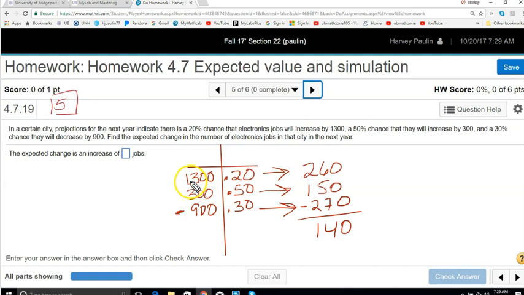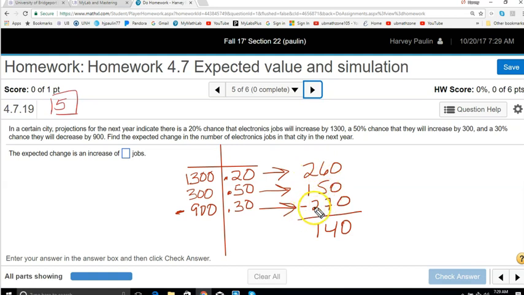So moving these values over here, we get 260. This times that is 150. But 0.3 times a negative 900 is a negative 270. So when we add these two, we get 410.